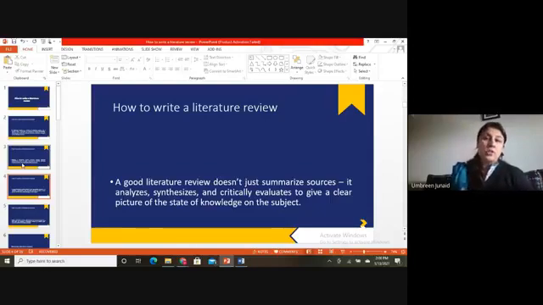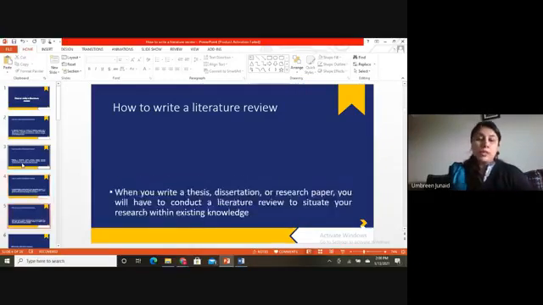You don't summarize just the work of someone. Whatever the subject that has been explored in that specific scholarly article or a book, you will evaluate that, and then you try to analyze what has been researched and explored in that scholarly source.